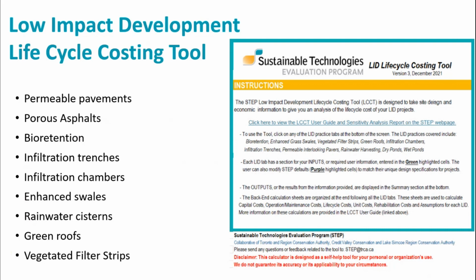For increased transparency and usability, users can now access the tool's backend, and you yourself can modify assumptions, unit costs, and design defaults, and you can also add your own discounts for suppliers you've used before on other projects. The tool is especially accurate when comparing costs between practices, whether between LID practices or between LID and more traditional wet and dry ponds, because it uses the same unit costs and methods for each of these practices.